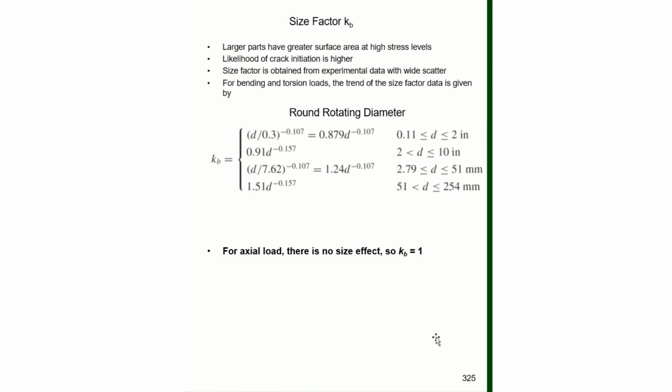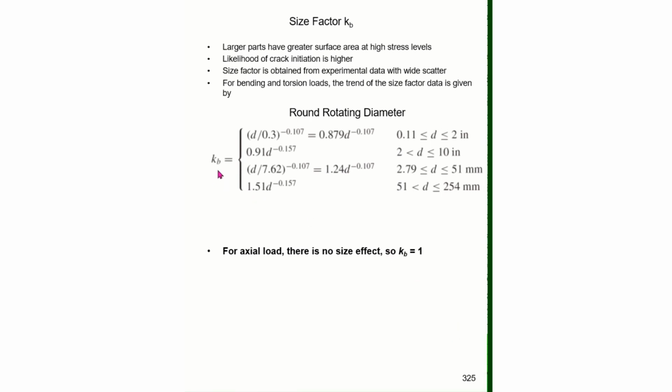Now we look for the size factor, Kb. And Kb deals with parts that have a larger surface area and likely a higher expectation for a crack to initiate. The size factor takes into account the geometry of the cross-section and whether the cross-section is rotating or not.